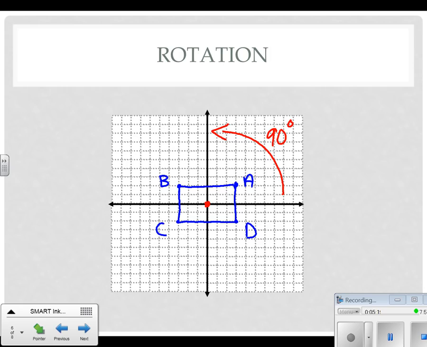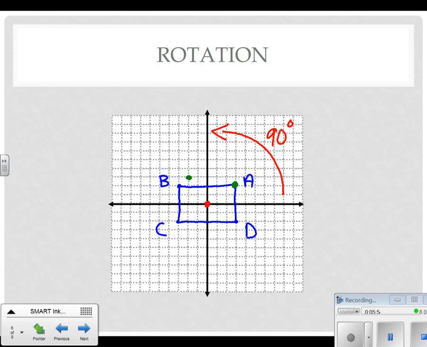Now to do this, we'll start with our A. Our A right now is at 3, 2. So if this is at 3, 2, we're basically flipping it 3, 2 to 2 and 3, flipping your numbers around, but we want it to be in the second quadrant. So to be in the second quadrant, we would have to go negative 2, 3. So what I did is I took what the coordinates were to get here, 3, 2, flipped them around 2, 3, but to get in the second quadrant it has to be negative 2, 3.